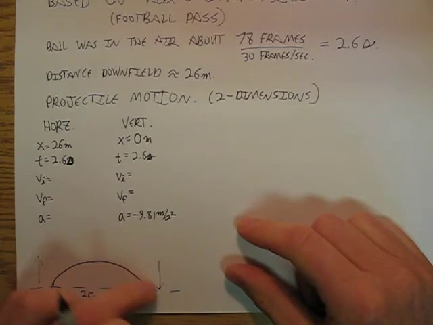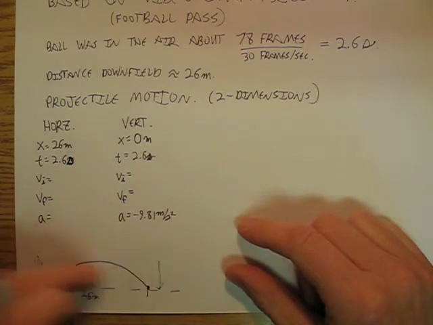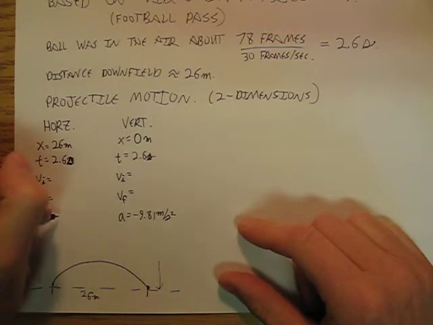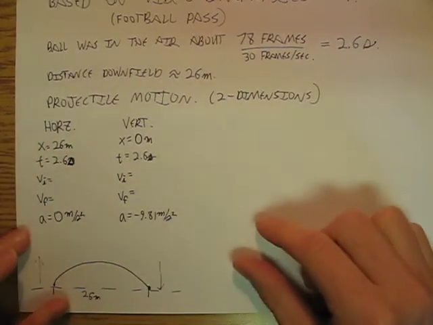Once the ball has left the thrower's hand and before it hits the catcher's hand, the only horizontal force on it is going to be wind resistance. And we don't care about wind resistance. We're just going to say wind resistance doesn't exist, and since it's the only horizontal force, we're going to say the horizontal acceleration is 0 meters per second squared.